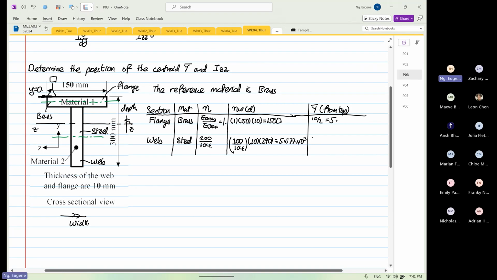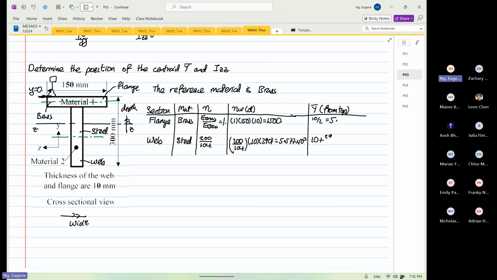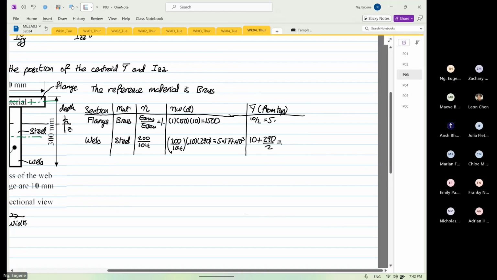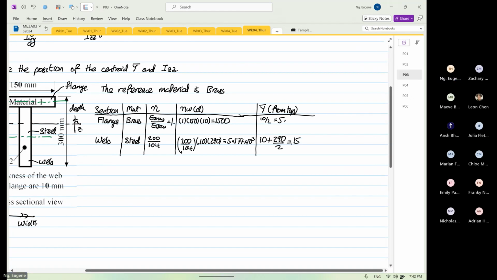The second one is 10 plus 290 divided by 2, so it's 155.